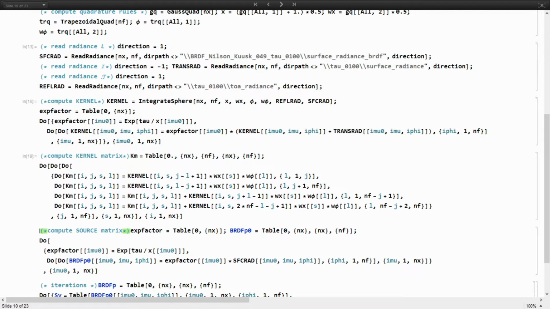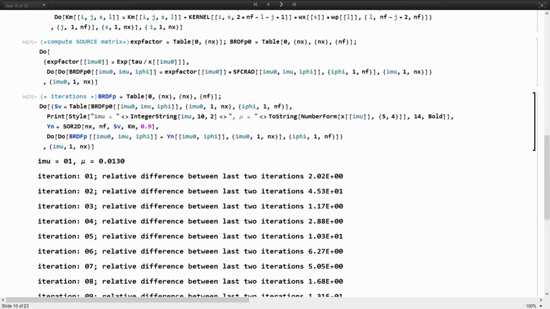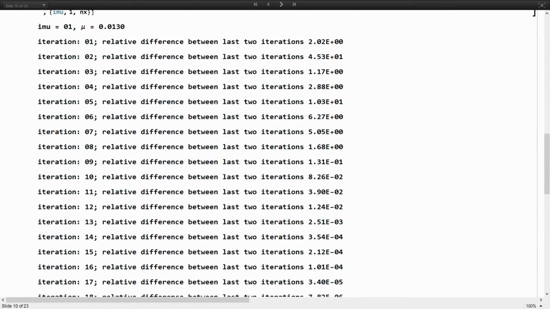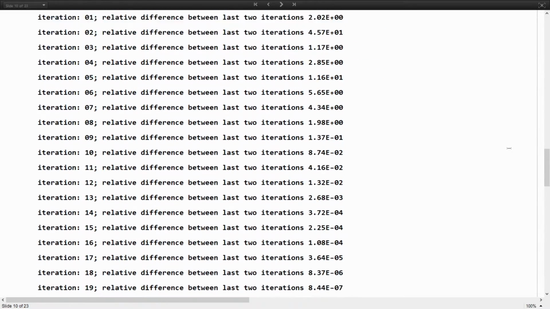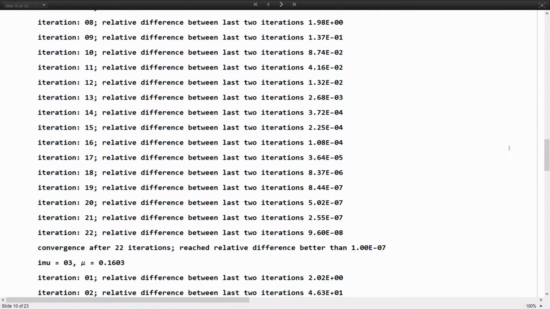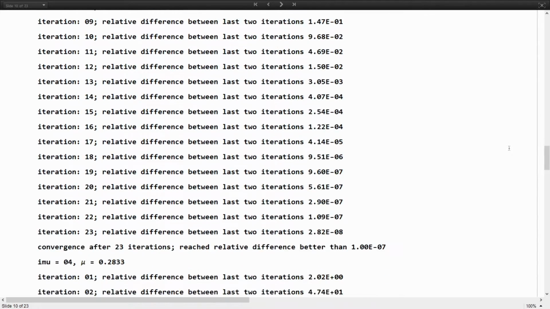And here is the iterative process itself. You see, at the very beginning, it does not converge, but beginning from iteration number 8 or 9, it starts to converge for everything.